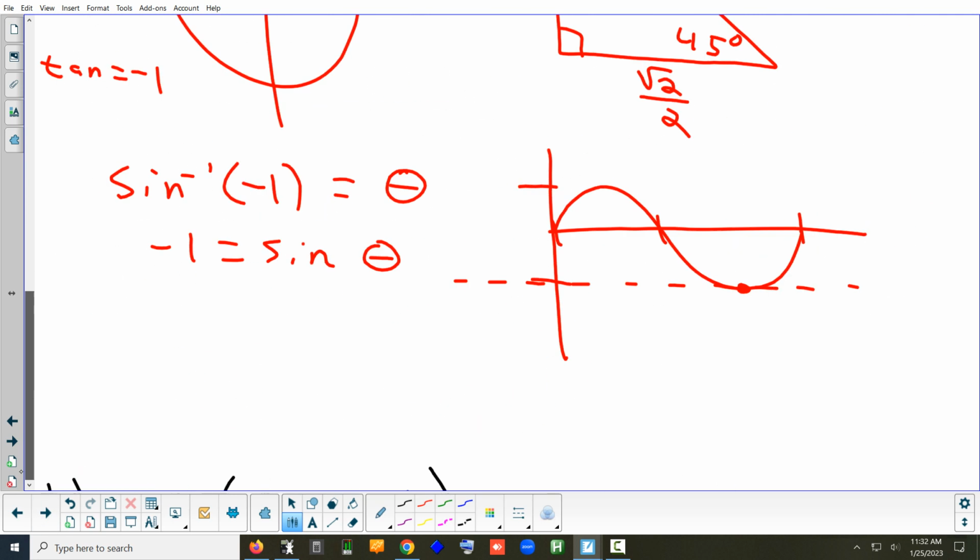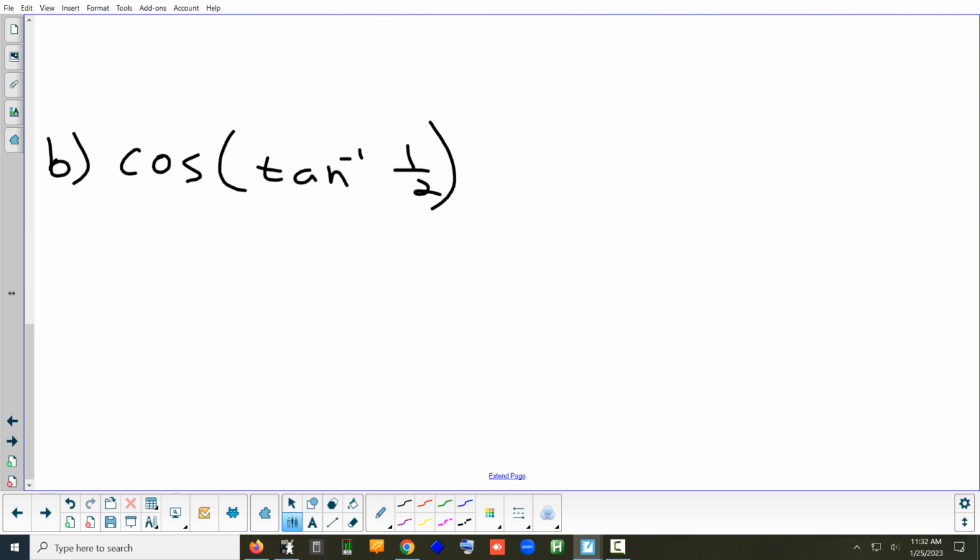All right, so what trig function do we start with? Inverse tangent. And what do we set that equal to? Theta. And how are we going to rewrite that?